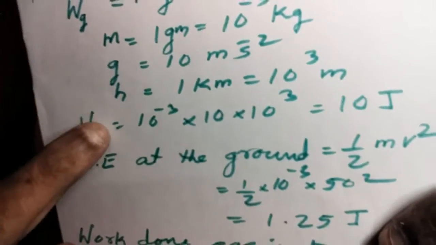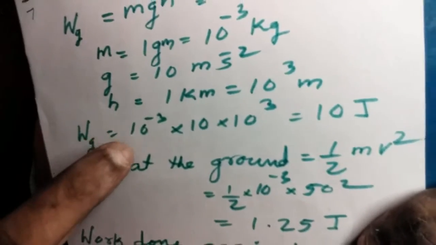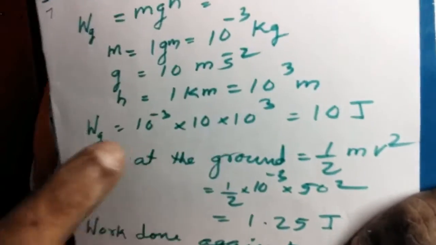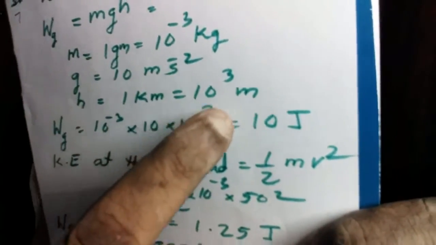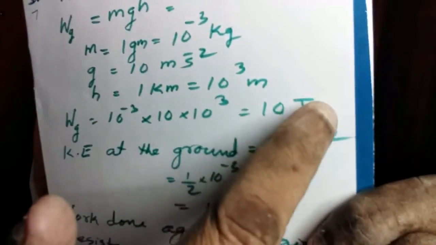Then work done by gravity equals mgh, 10 raised to minus 3 into 10 into 10 raised to 3. That is 10 joule.